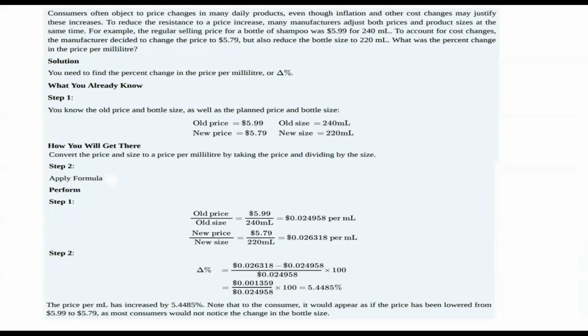Sometimes they're selling something, and because of rising costs, they don't increase the price but reduce the packet size. Consumers might feel, oh, they didn't increase it, they might even have reduced the price.